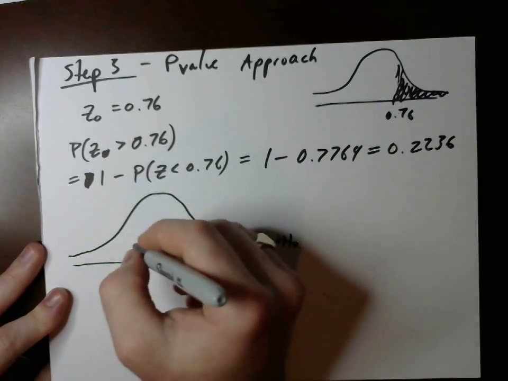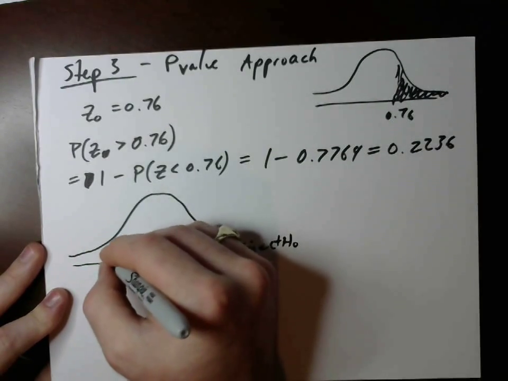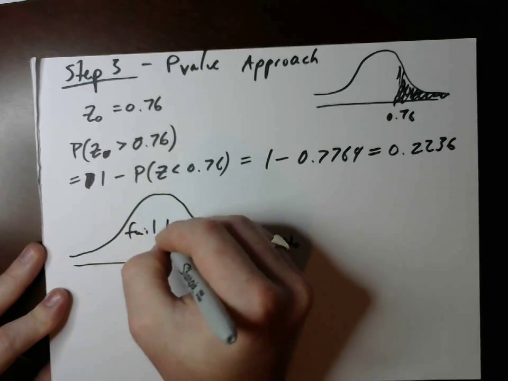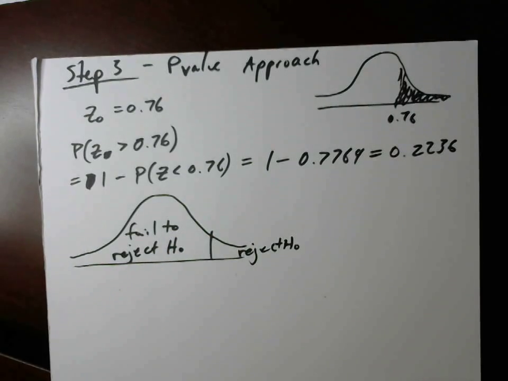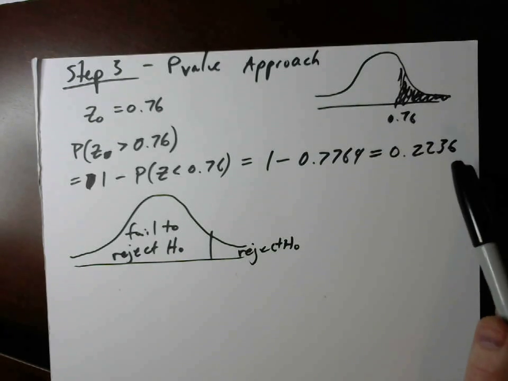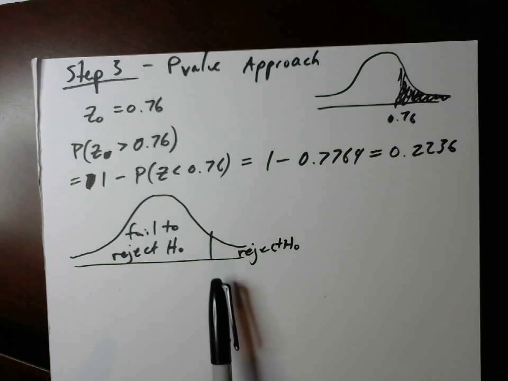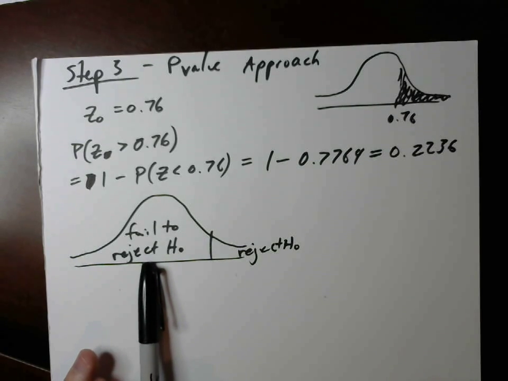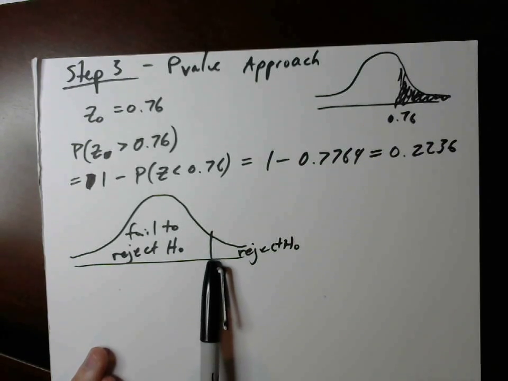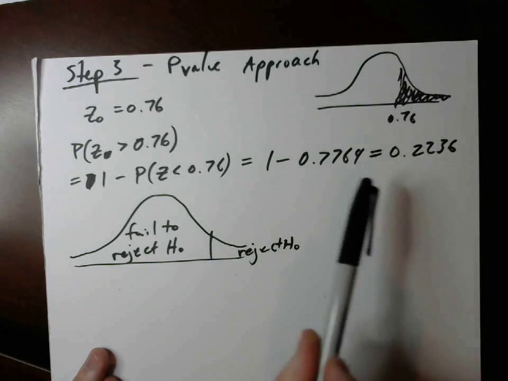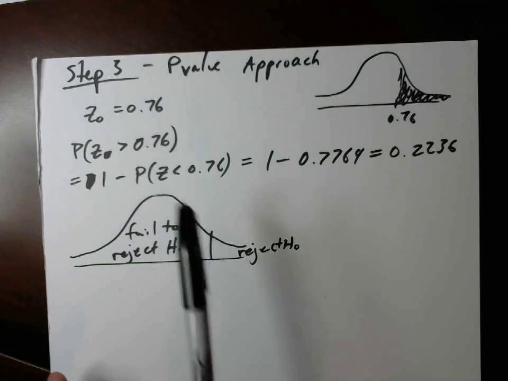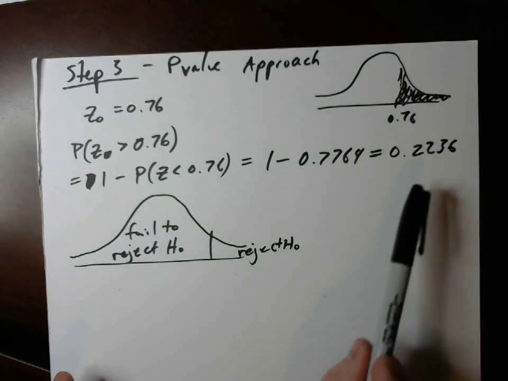Anything to the left is fail to reject H0. Keeping the same idea from the classical approach, if z0 moves to the left, the area to the right increases, so our p-value increases.